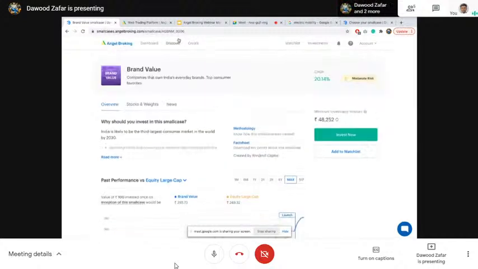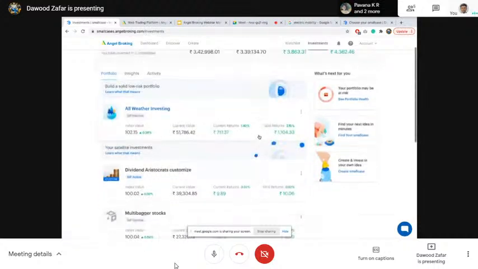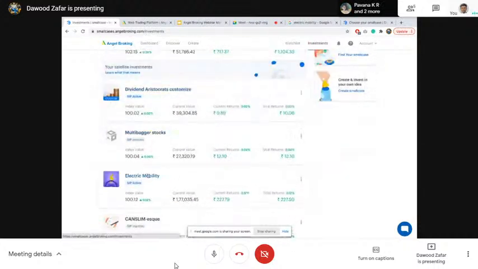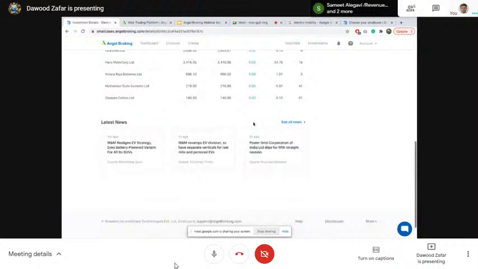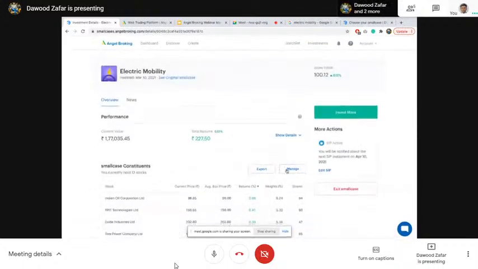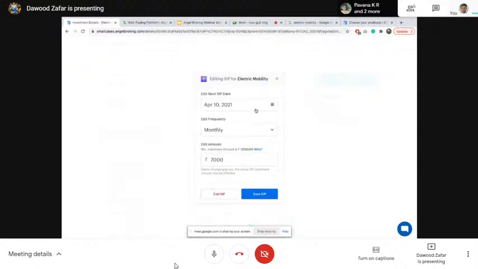We don't have many questions even from the audience, and let me just show. If you're invested, you can always come back to your investments. Anyhow, I have shown the manage, right? There is one option called edit SIP. Matlab, most of us get salaries on 1st or on 2nd or on 30th, right?